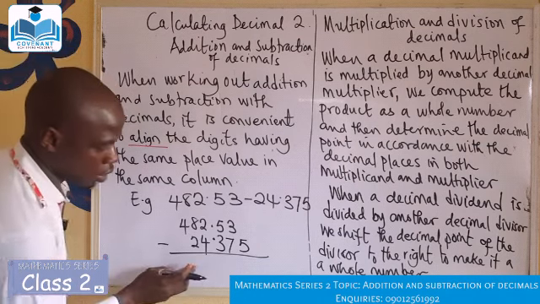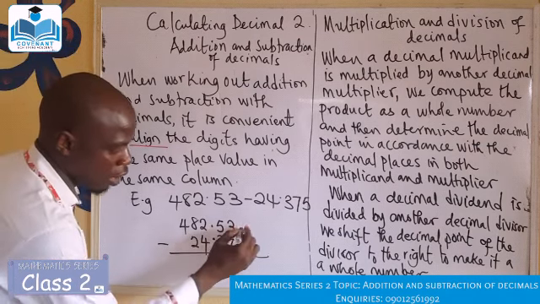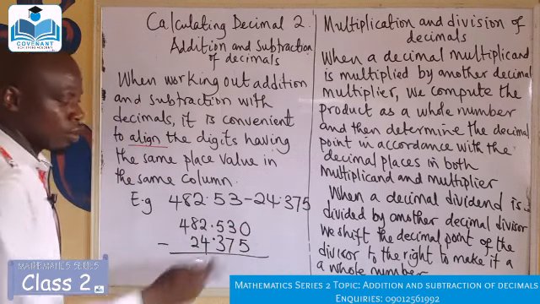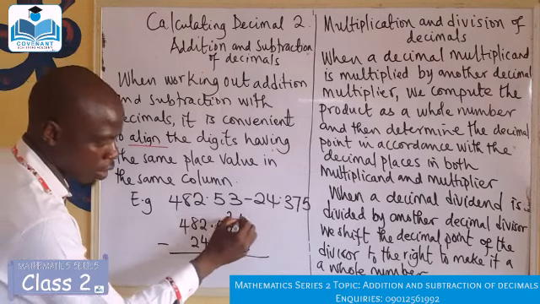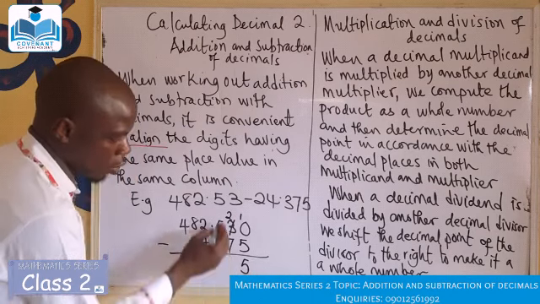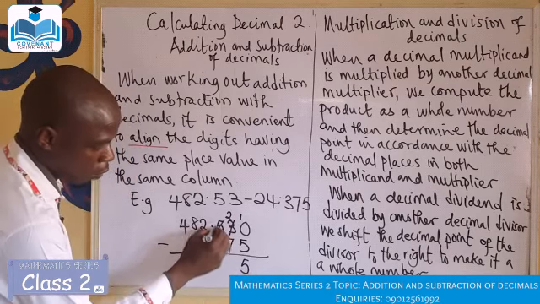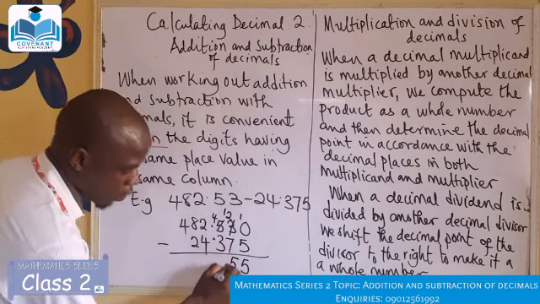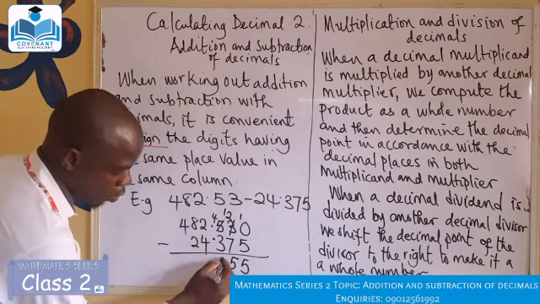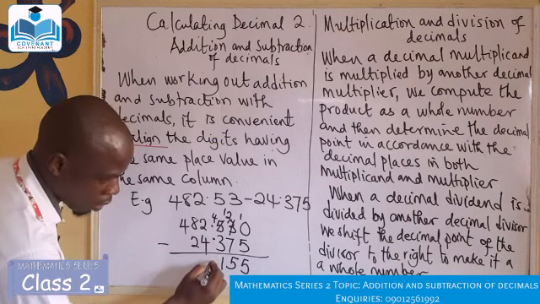In this case now you can see you are having an empty space there. What you need to do is to introduce 0 there. 0 minus 5 is impossible. You borrow 1 from here. This is 2, 10. And this is 5. 2 minus 7, impossible. You borrow 1 from here. This is 4. This is 1. That's 12 minus 7. That is 5. And this is 4 minus 3, 1. Your decimal point in alignment.